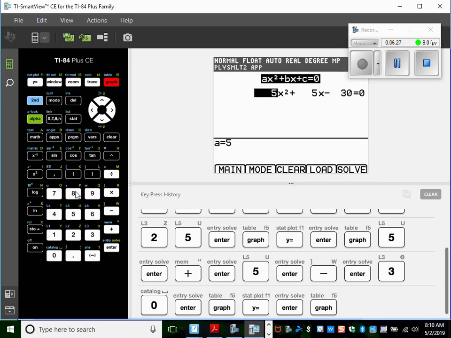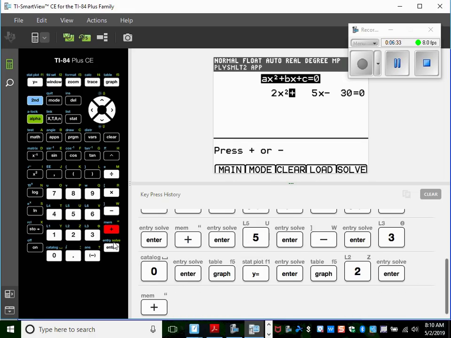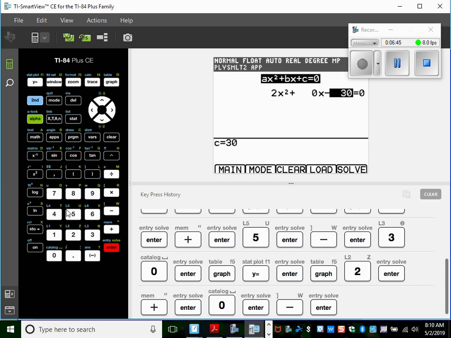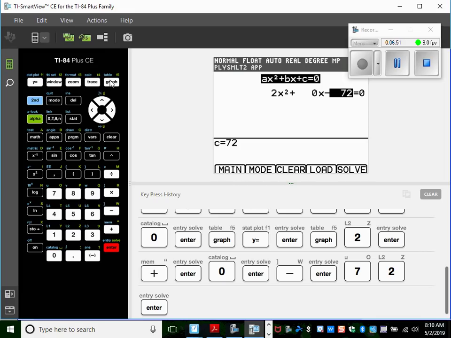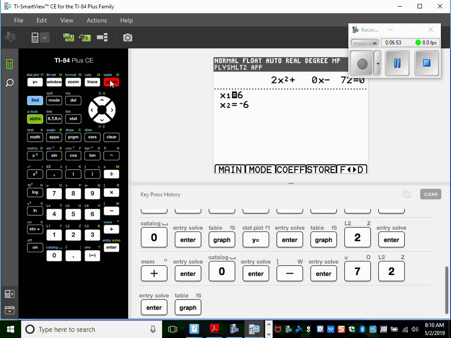Now this time I'm going to hit 2, enter, and then plus, enter, and then 0, because I don't have a middle term, and then minus, enter, 72, enter. Solve it. 6 and negative 6.